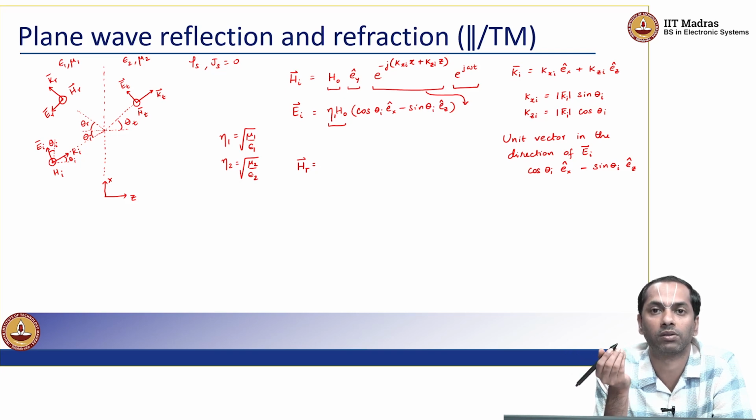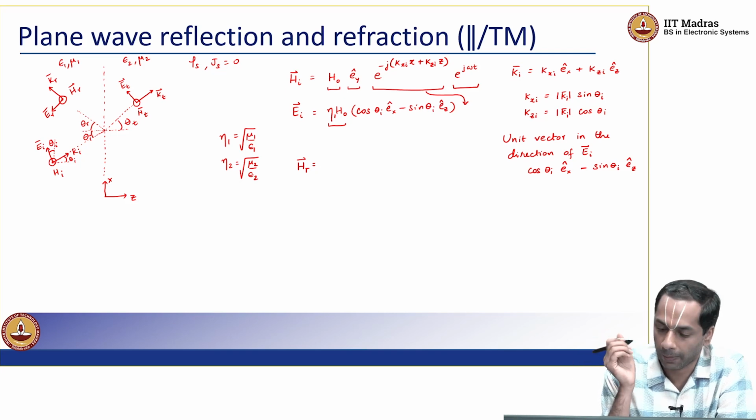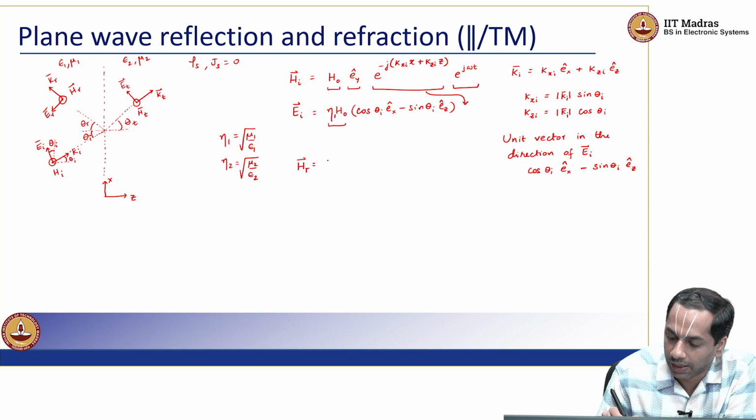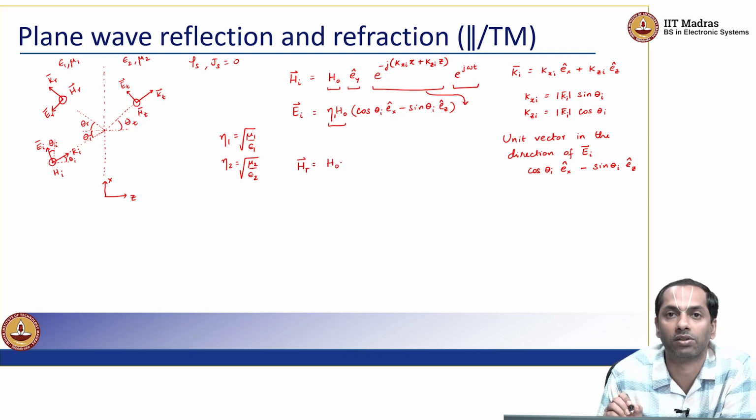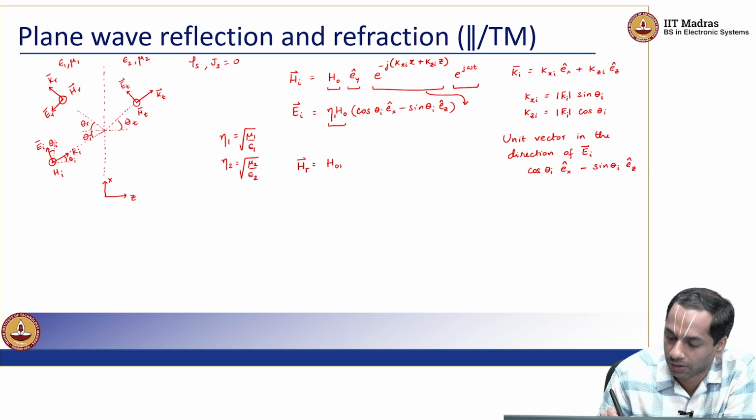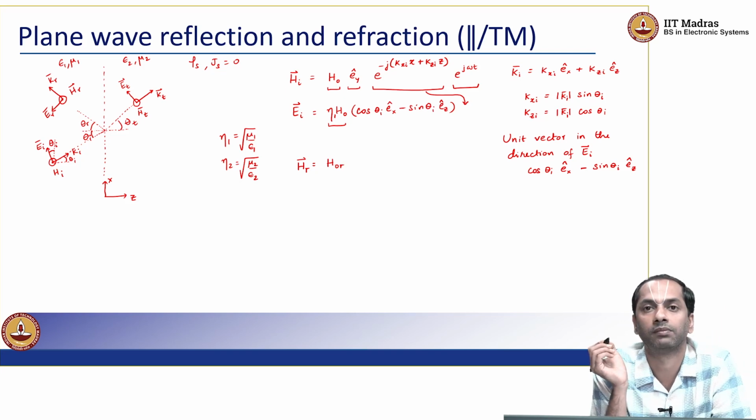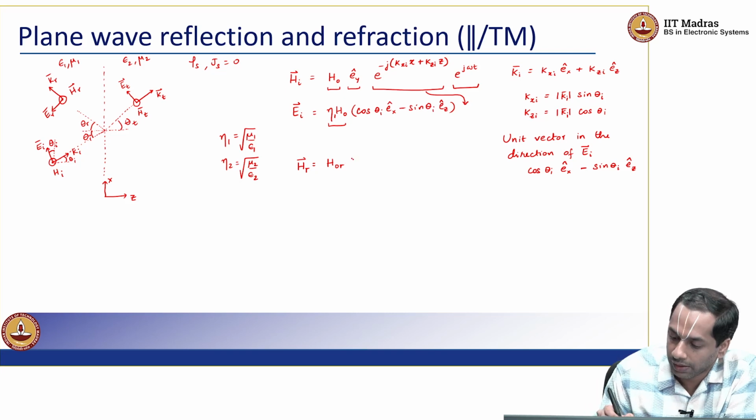So, only a fraction of the incoming amplitude is going to be transmitted or reflected, right, or reflected and refracted. So, we need necessarily a new amplitude, right. So, we cannot have H naught, but we will call this H naught R. The orientation is still E_y.